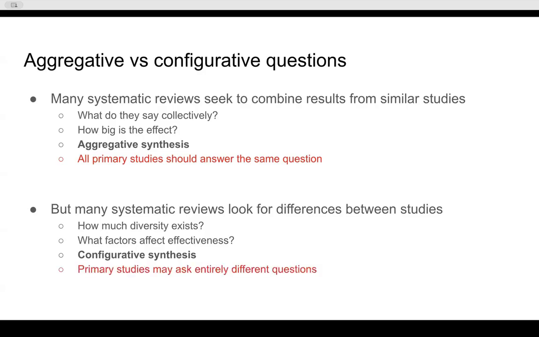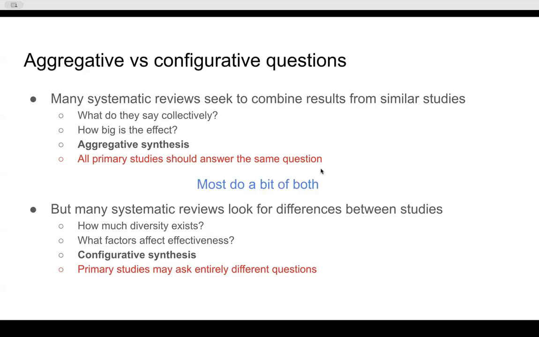And in a configurative synthesis, your primary studies might ask quite different questions. They might not all be the same intervention in the same way being tested in the same population against the same outcome measured in the same way. It might be that you're particularly interested in different circumstances, different interventions, different types of measurement, to look at the nuance.